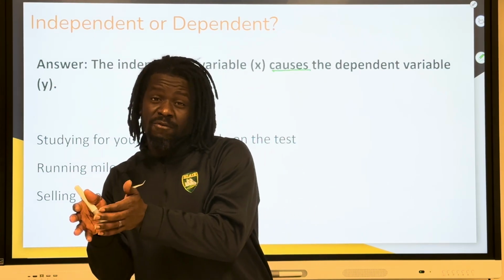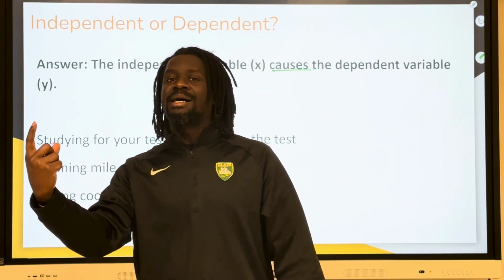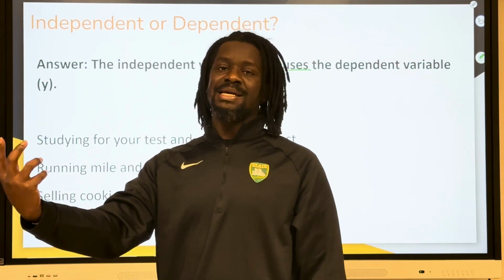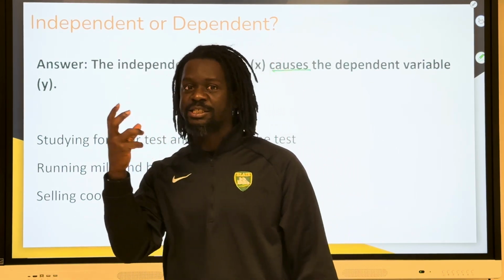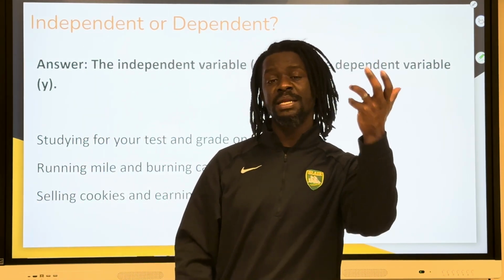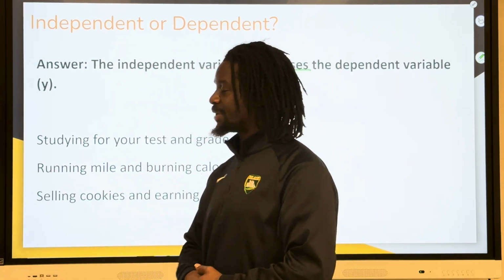So the independent variable causes the dependent variable, okay? The independent variable is the one that doesn't depend on the other. It is the cause. The dependent is the effect. Dependent depends on the independent, okay?